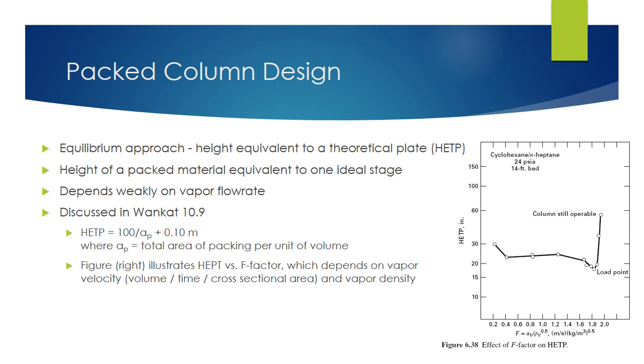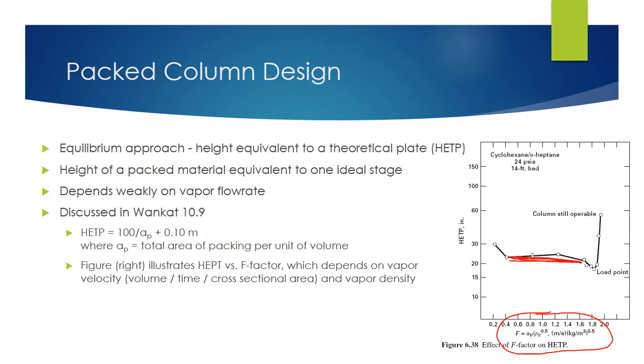And so what we find is that if we look as a function of this F factor, which depends on the superficial gas velocity times its density to the 1/2 power, so it's UV times rho V to the 1/2, the height equivalent to a theoretical plate for this particular packing and for this particular mixture, which is cyclohexane and n-heptane, we basically don't see a strong dependence on that velocity.